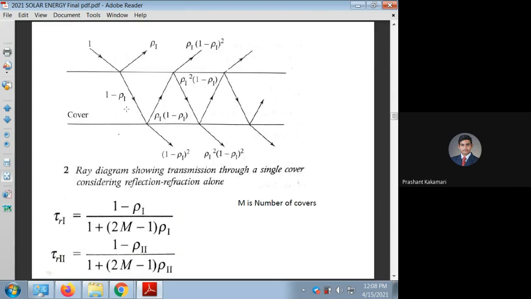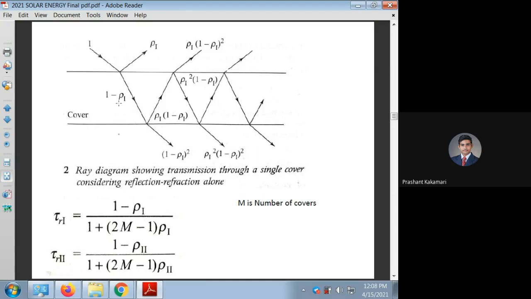So here, if you consider only one glass cover, one medium, you can assume the medium of the glass cover itself is 1. Whatever insolation is there, if I consider the total value as 1, or 100%, that radiation, after passing through the glass cover, is going to absorb some energy and also transmit some energy.